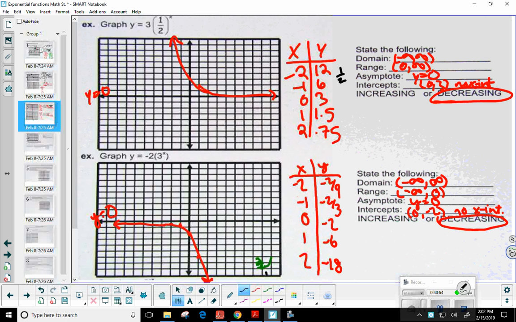You take half of it, 6 to 3, 3 to 1.5. In fact, if you go through every one of the tables we've created today, the y values, you should see that base as a factor, over and over again. Is everybody okay with that? Any questions? Okay. Well, then we will stop.